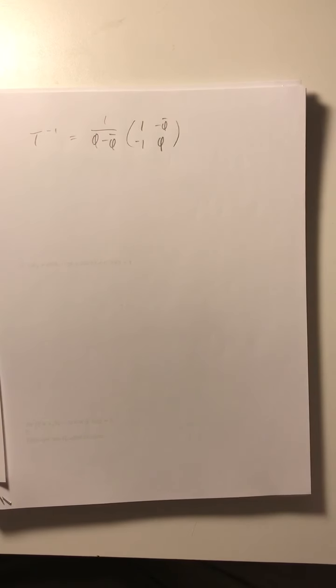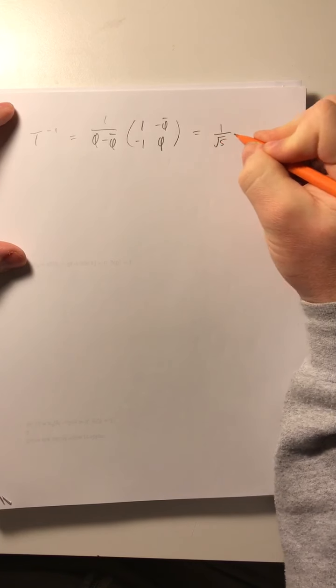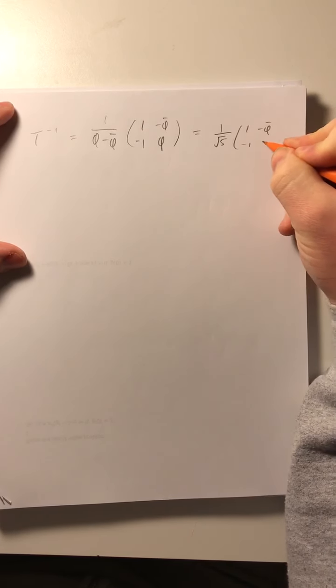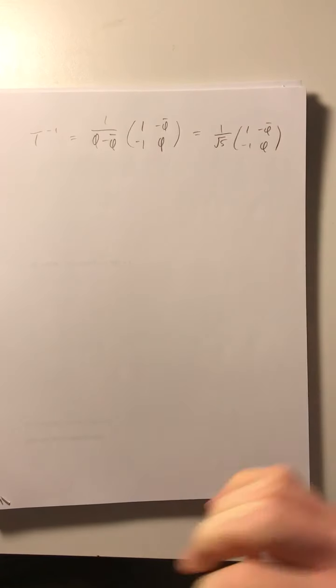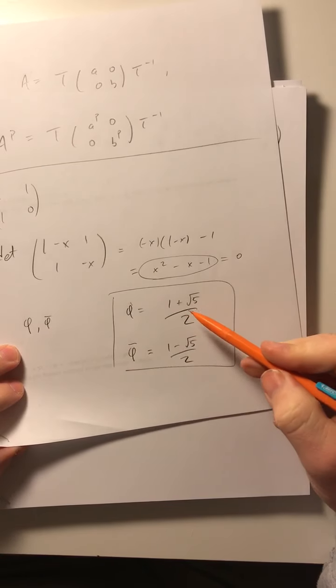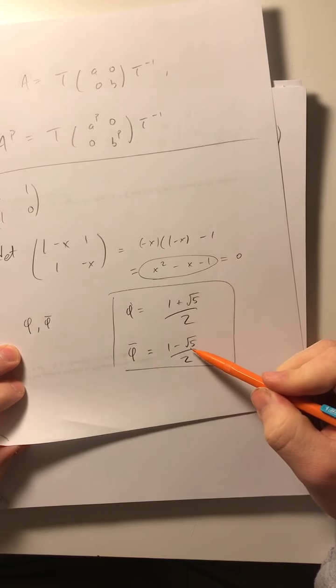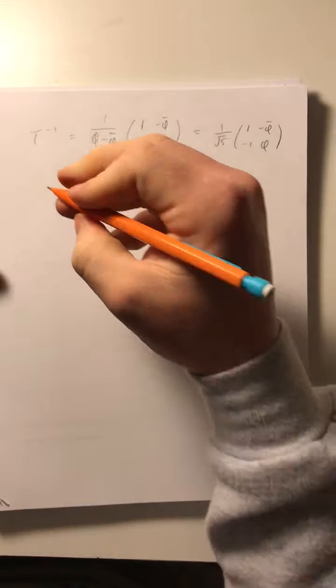So I just inverted a 2 by 2 matrix: 1 over square root of 5, 1, negative phi bar, negative 1, phi. I know this is square root of 5 because I computed it here. The halves cancel: square root of 5 over 2 minus negative square root of 5 over 2 gives me square root of 5.